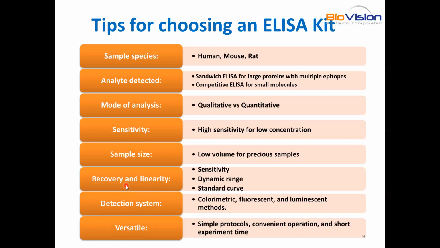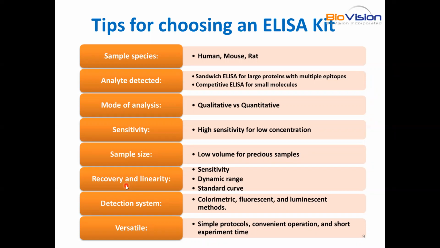These kits have fewer incubation steps, which can reduce, of course, the possible errors, and fewer washing steps, which definitely helps to reduce the variations in the results. That makes the entire protocol very convenient, and because fewer steps are involved, there is less possibility of manual errors or variations in the results.